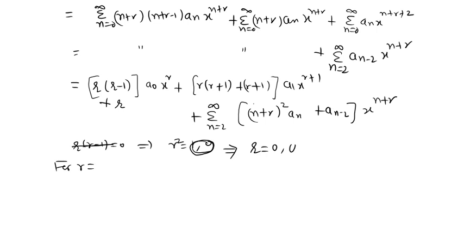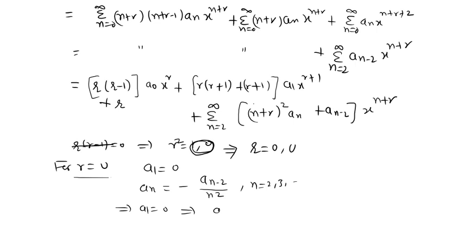So for r equal to 0, we also have a1 equal to 0 from the second, and the recurrence relation is a_n equal to minus a_(n minus 2) upon n square, n running from 2, 3 etc. So a1 equal to 0 implies that all odd coefficients are 0. So we only have even coefficients.